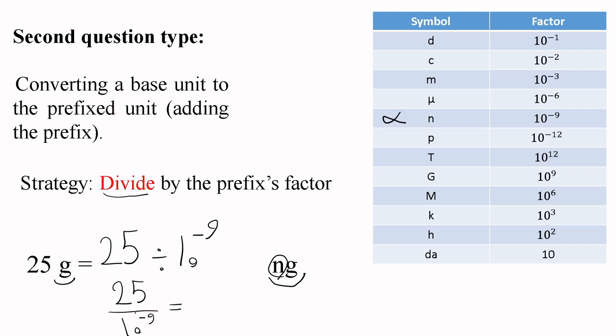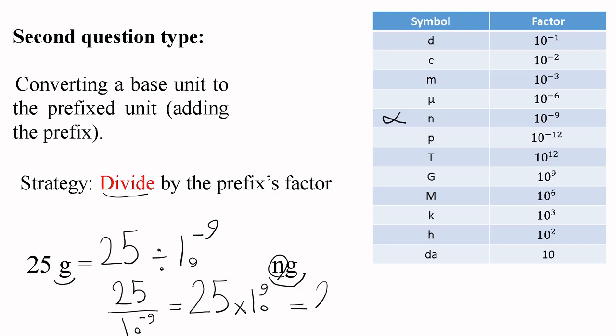As you can see, we have 10 to the power of -9 in the denominator and 25 in the numerator. The denominator can come to the numerator, but the sign of the power must change. So we are going to have 25 times 10 to the power of 9.